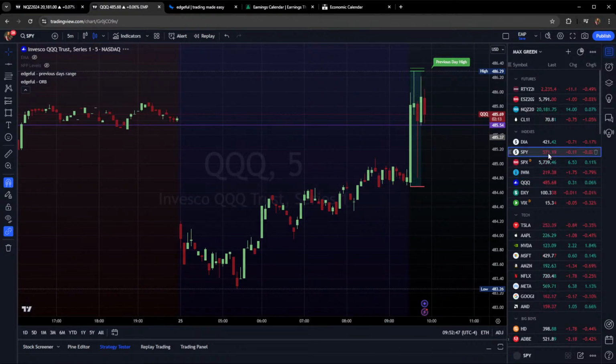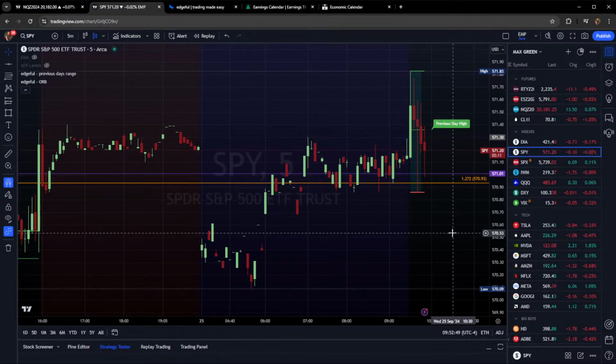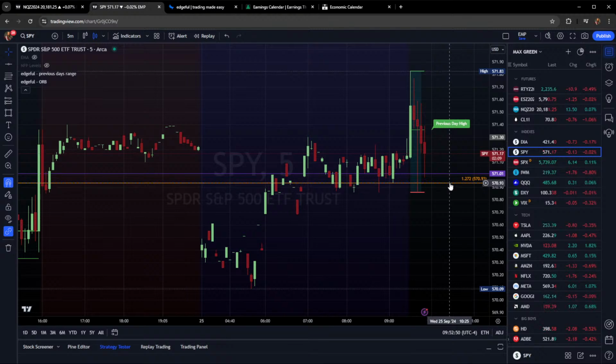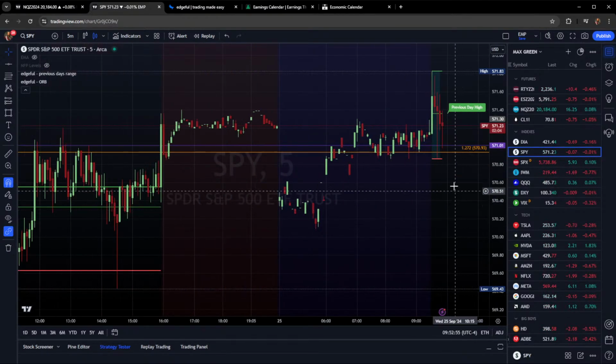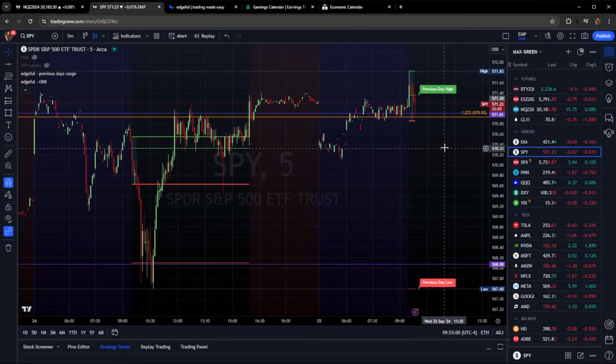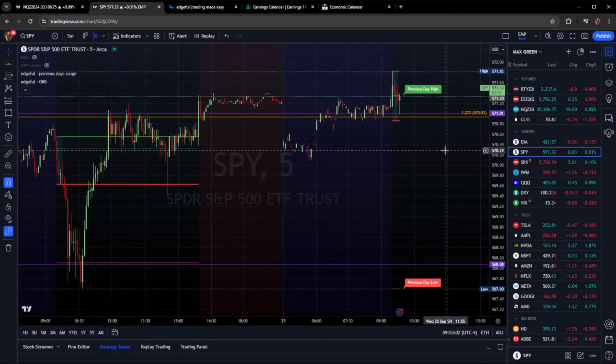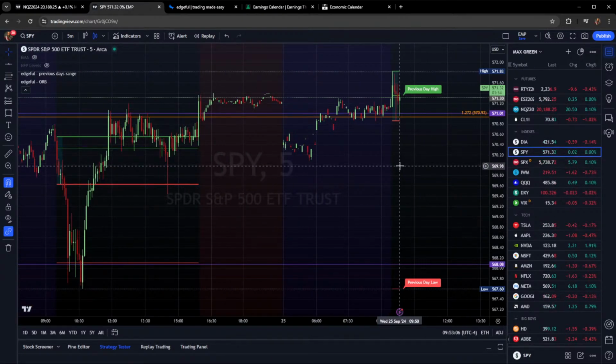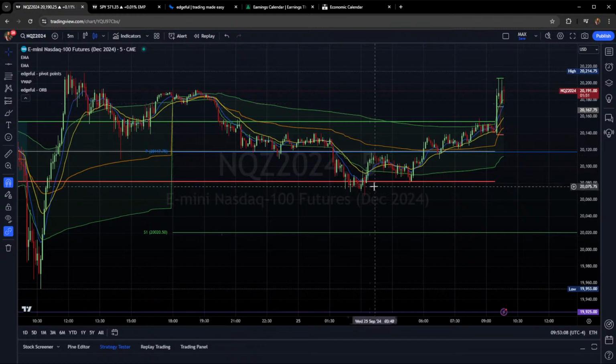Strong tech right now. SPY not nearly as strong. There's that level I was just talking about. So this zone is probably a buy zone until it fails. If this breaks though, I don't know, guys. This is going to be an interesting session to trade.